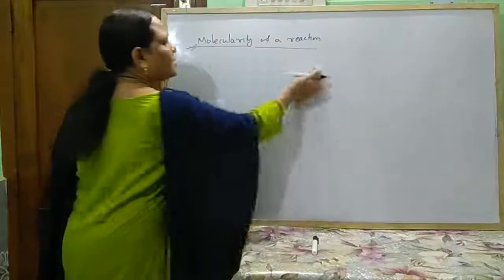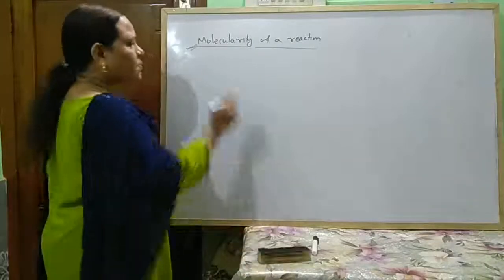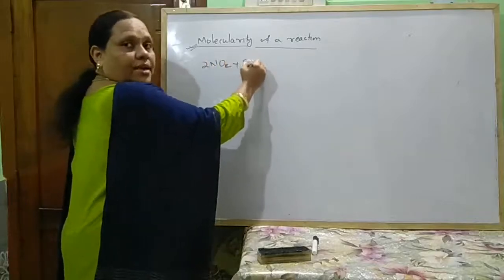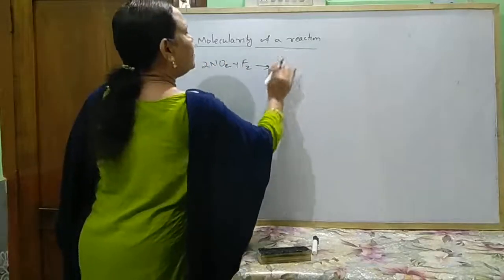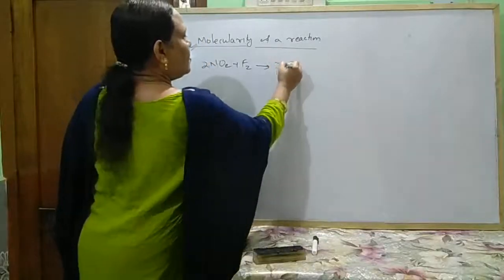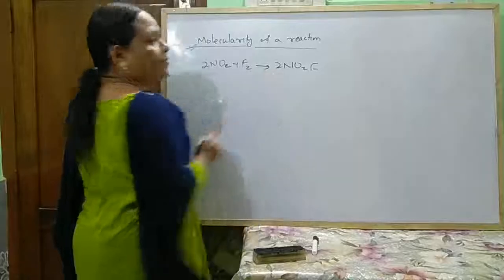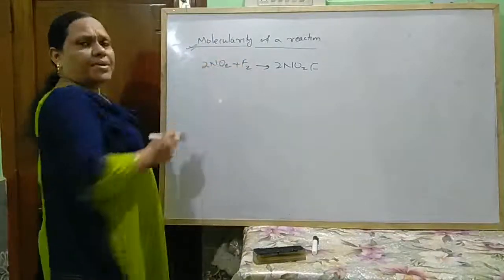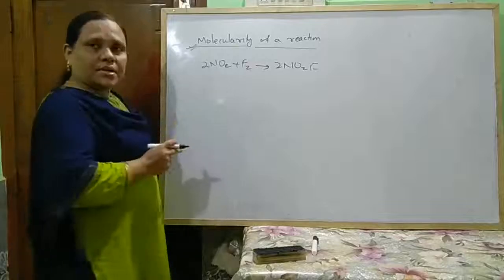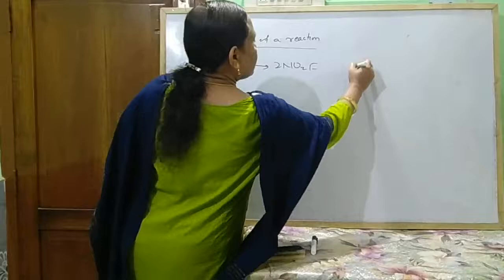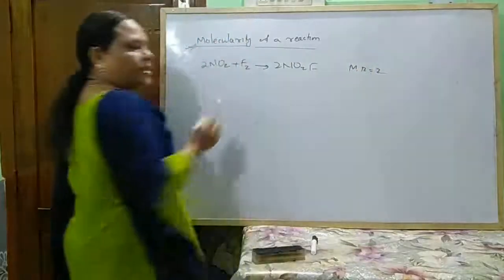Already we have discussed this one. Another example: 2NO2 plus F2 gives rise to 2NO2F. Looking at this equation, we can say this is a termolecular reaction. But the molecularity of this reaction is 2.